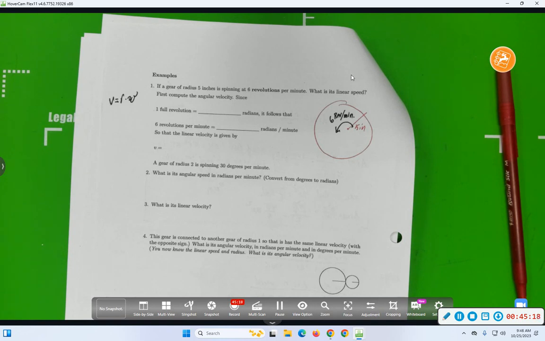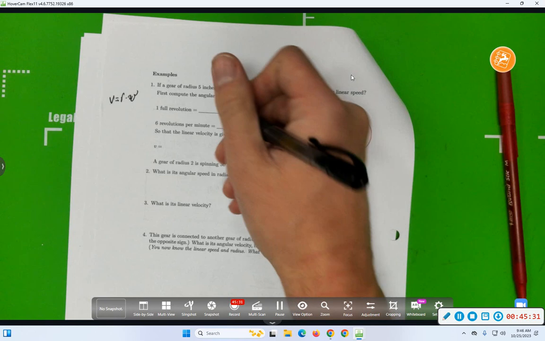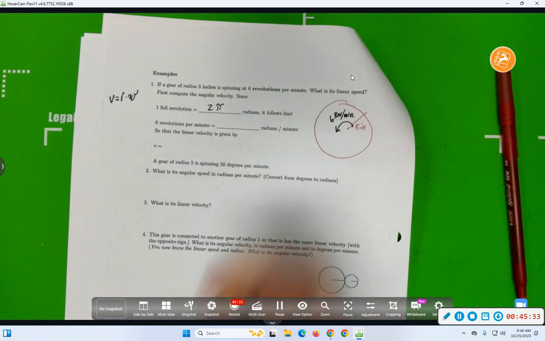How many radians is 6 revolutions? How many radians is 1 full revolution? 2 pi. So 1 full revolution is 2 pi radians. So how many radians is 6 full revolutions? 12 pi?